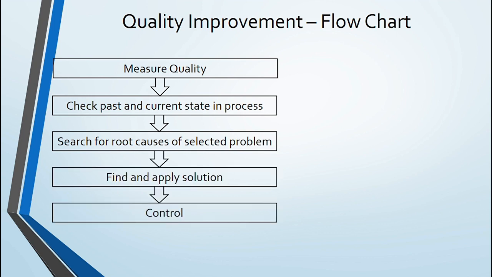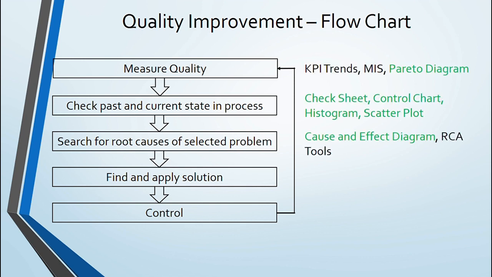We then control the applied solution and again follow the loop. In this whole process, this whole flowchart, this is how all the other quality tools play a role at different stages. Hope you understand the criticality of these tools in any organization's improvement journey.